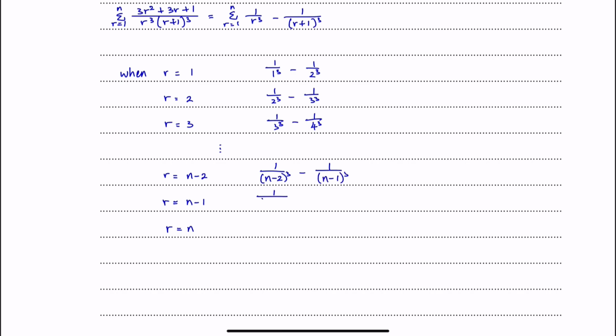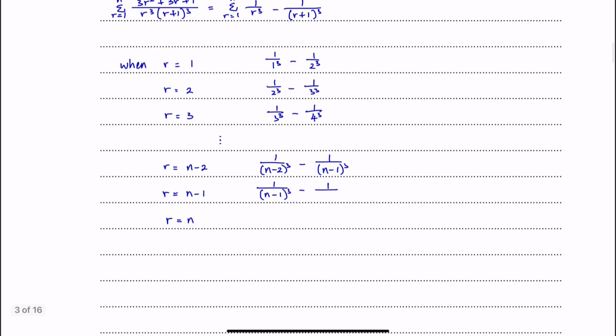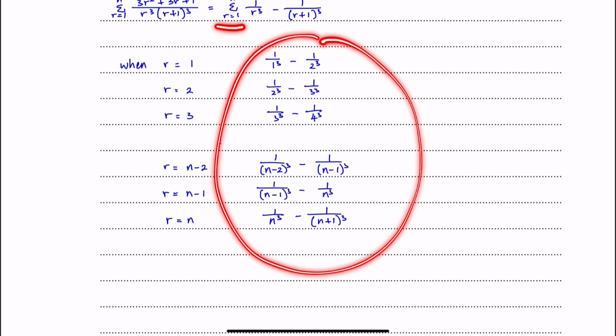And we do the same thing for r equals n minus 1 and r equals n. So we get all this, and since it's a summation, we're going to sum all of this up.